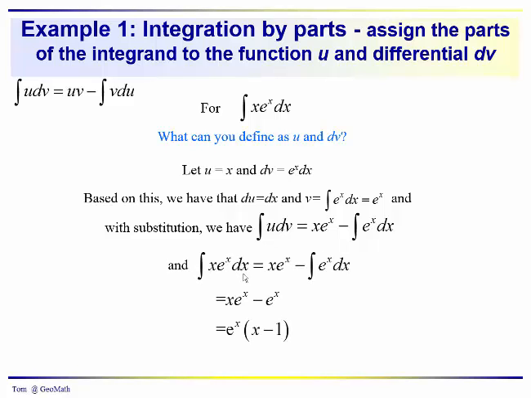Continuing with this evaluation, we get x e to the x minus the integral of e to the x dx, which we know is minus e to the x. And we can factor out the e to the x, so that we get e to the x times x minus 1.